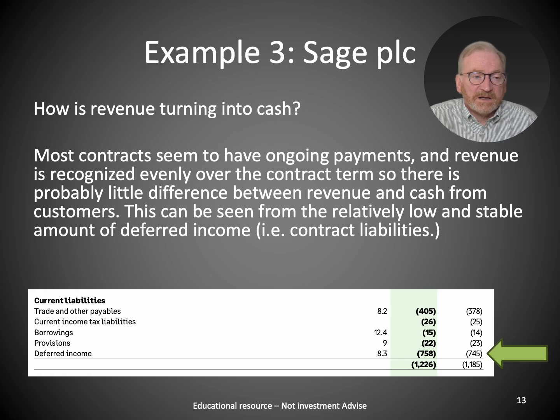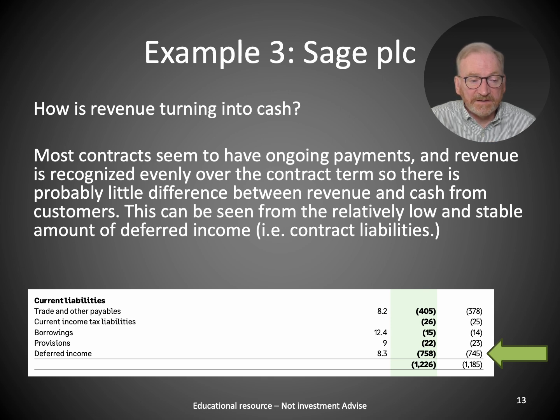So, how is revenue turning into cash for Sage PLC? Most contracts seem to have ongoing payments and revenue is recognized evenly over the contract term. So there's probably little difference between cash and revenue recognition from customers.